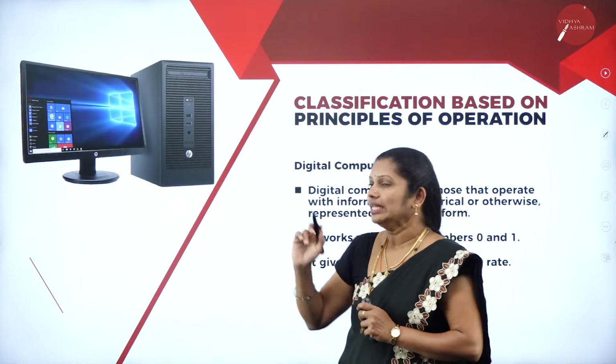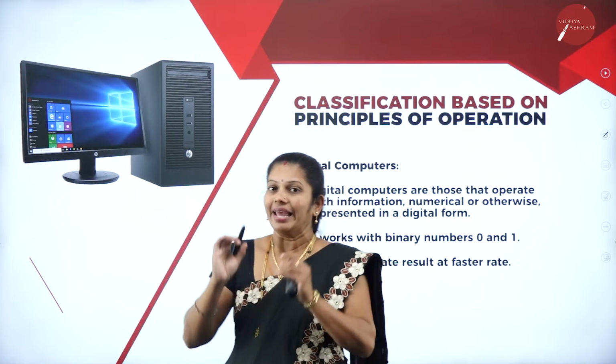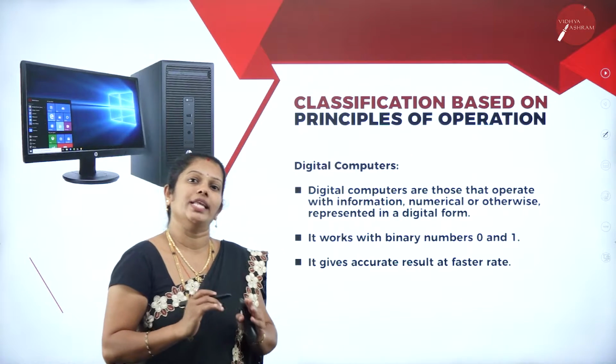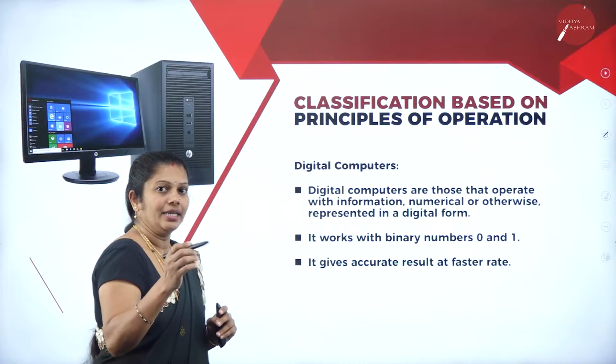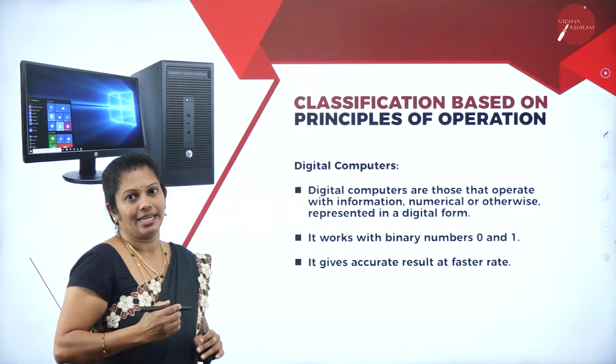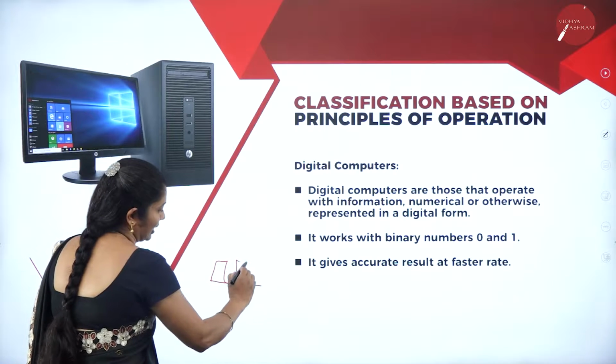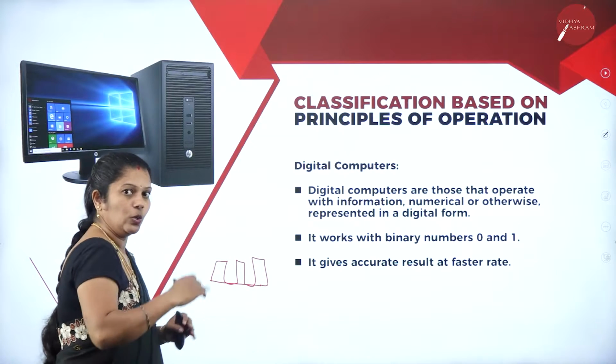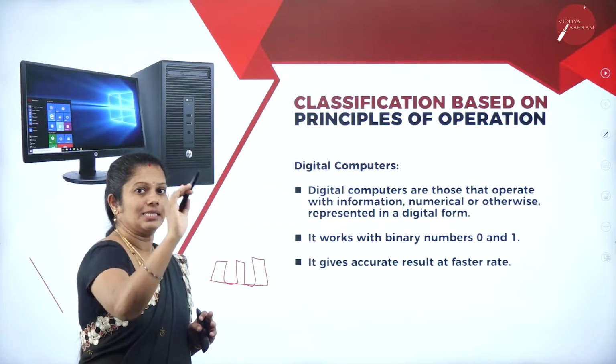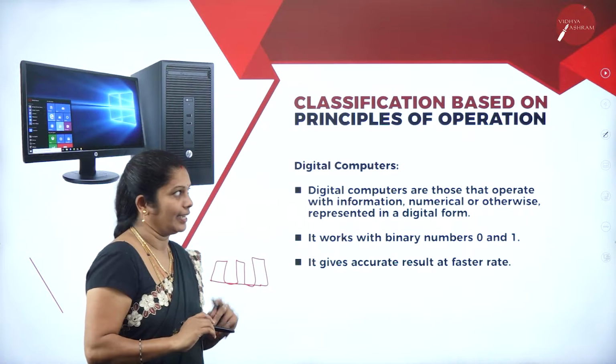But when they come on digital computer, their exact value we can identify. And here it uses discontinuous data. For example, this is the line, then first this is the value, second this is the value, third this is the value. Like that we will get, and it is exact, appropriate results we are getting.